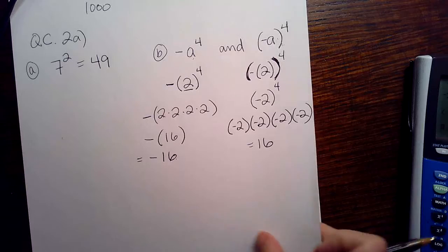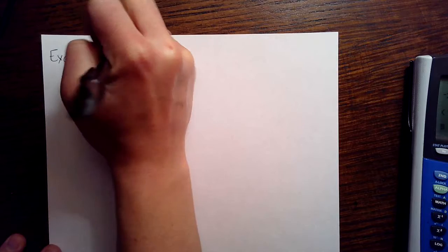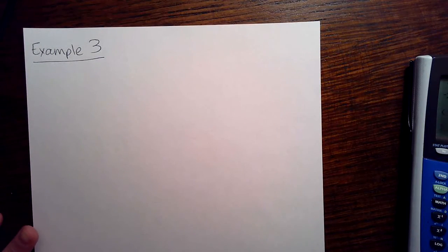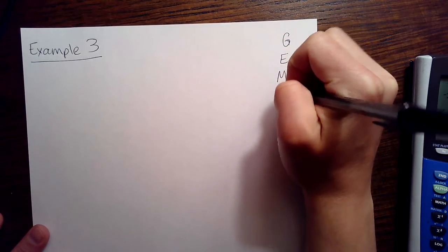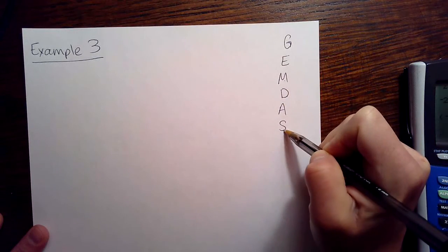And finally, we can use the power within the order of operations. So this will be example 3. And if you remember, our order of operations when we are simplifying is GEMDAS. And we've spent a lot of time with that: multiplication, division, addition, and subtraction.